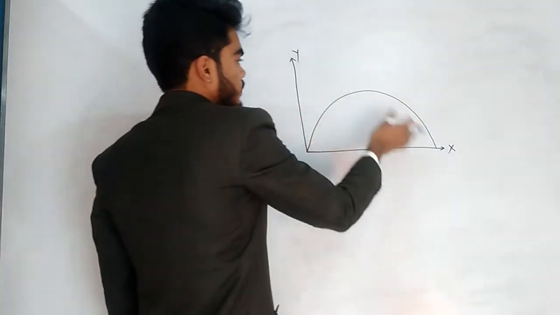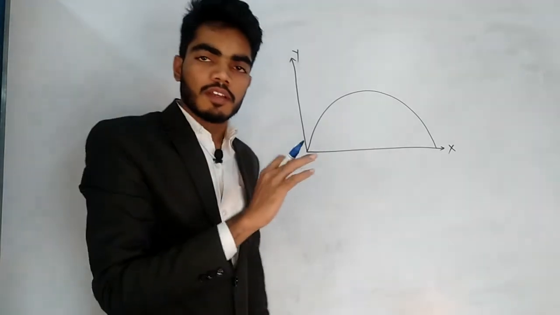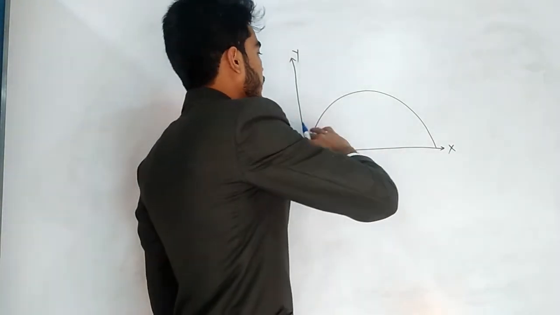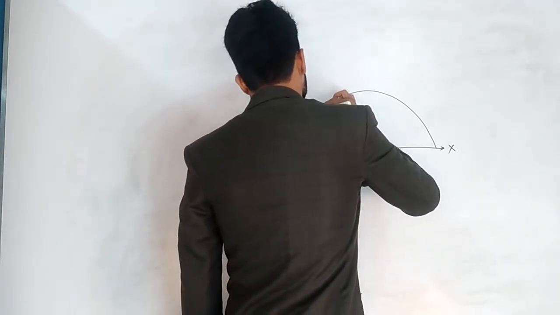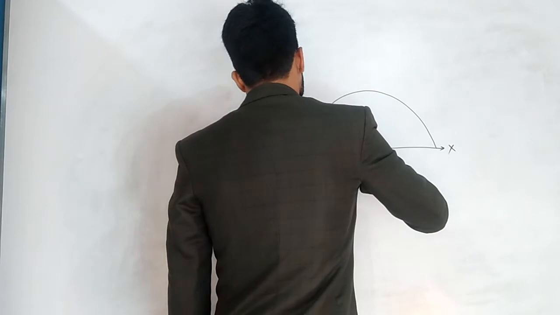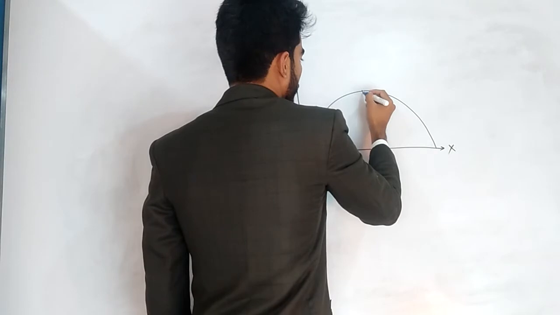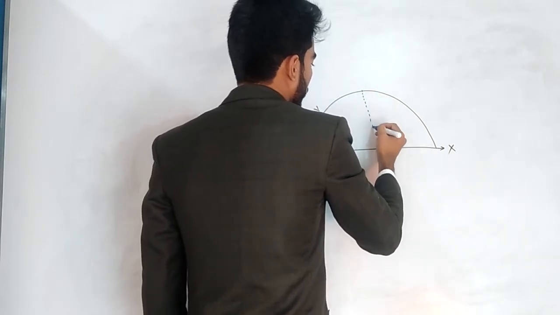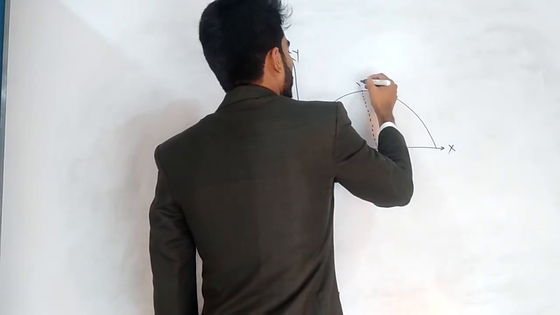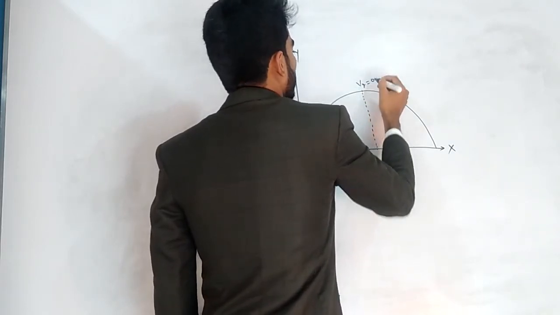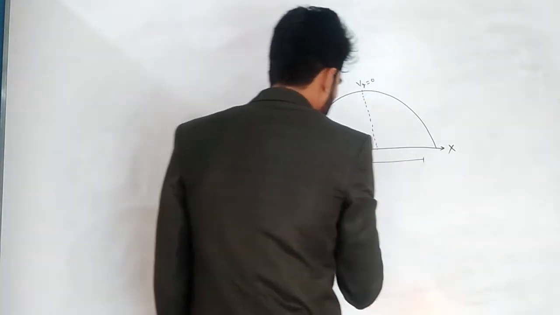On the Earth's surface, along this parabolic path, the air resistance is normally negligible. This is the initial velocity from here, v, and this is the maximum height where Vy velocity will be 0, and this is the horizontal range.